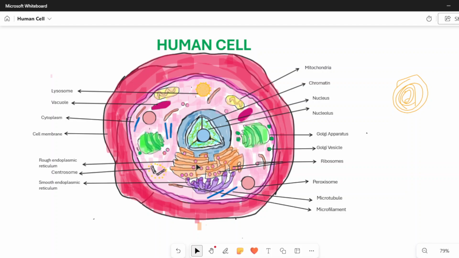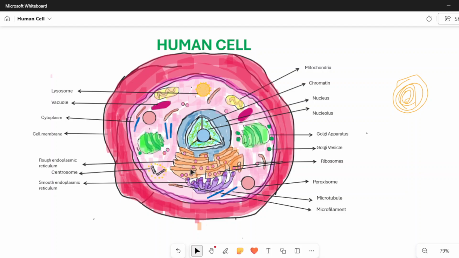These are nothing but flat network pathways, like a maze. The flattened walls are there, and in between that maze we have a pathway. So that is the endoplasmic reticulum. Since the ribosomes are attached to it, this is called rough endoplasmic reticulum because it gives a rough look.